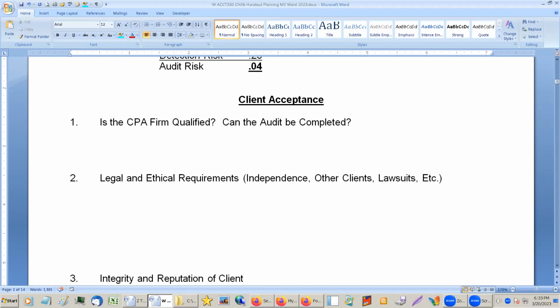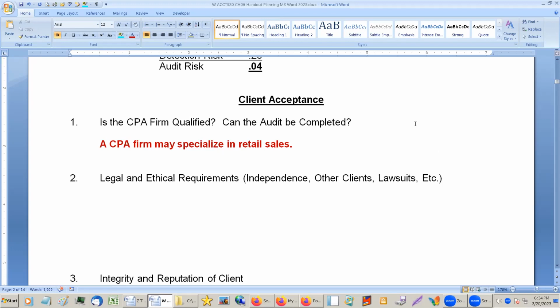So, for instance, a CPA may specialize in retail sales. So if it's a retail business, they may not have a problem with it. If it's a retail store and they've done many retail, they may do it again.